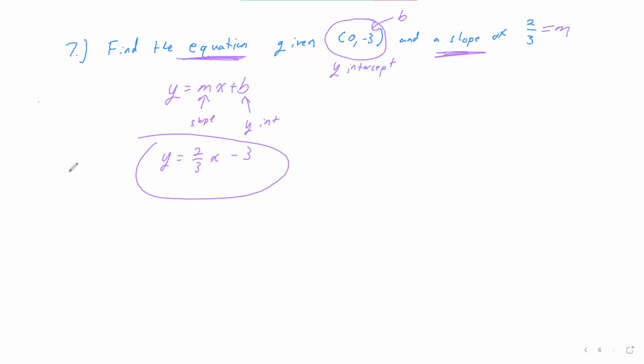So again, a lot of these questions, there's not a lot of math going on. It's really just seeing, hey, did you identify this was the y-intercept, which is the b? Did you identify that the slope is the m? And now can you just plug it in and be good? In this case, we're not even asked to graph it. We're just asked to write the equation.